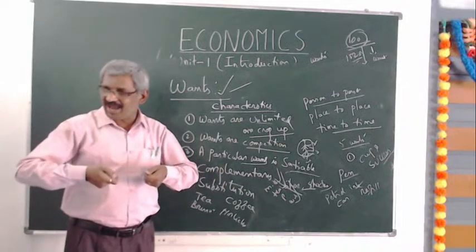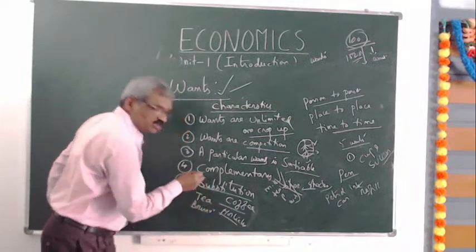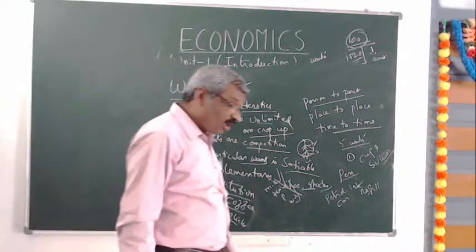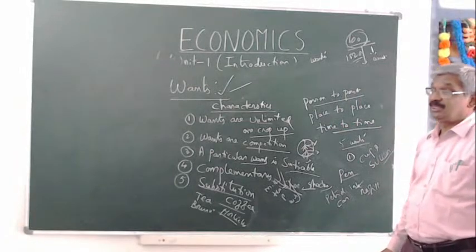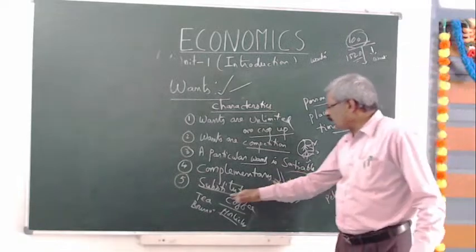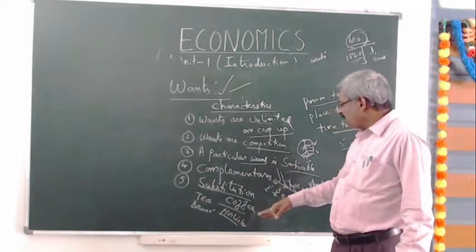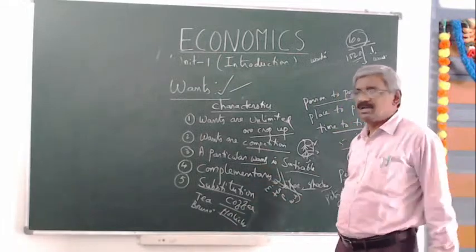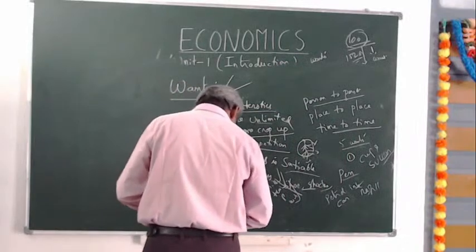The want is satisfied not by only one commodity but by a number of commodities. That is called substitutes.